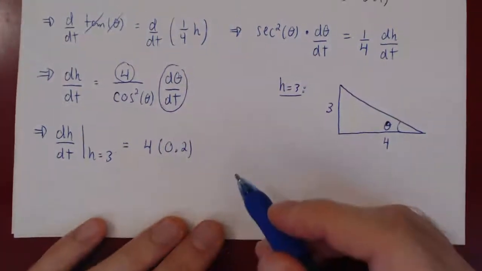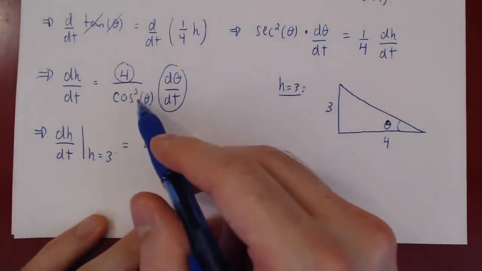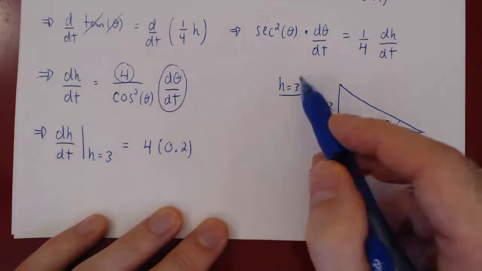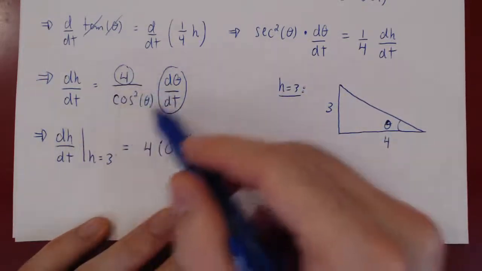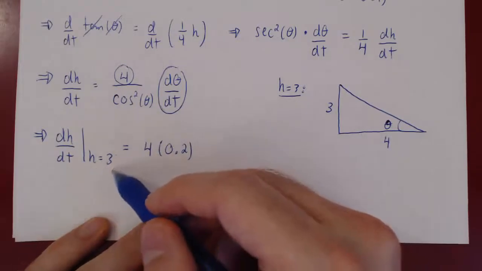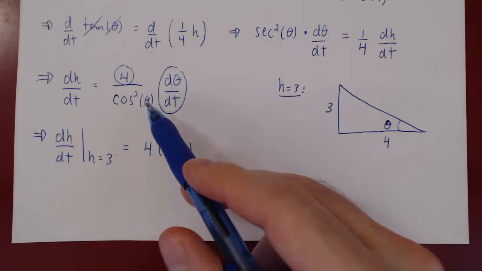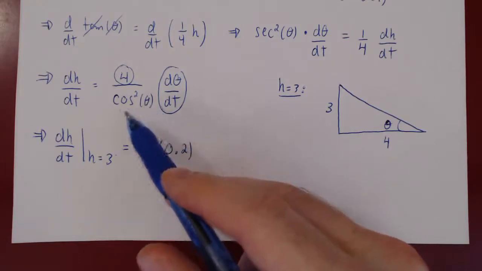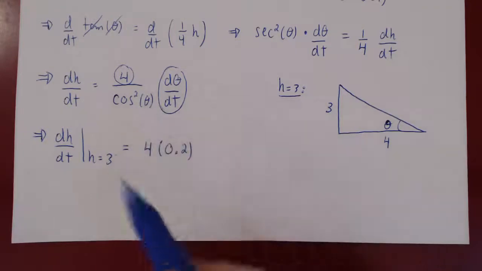And now all we're missing is the value of cosine of theta, then we'll square it, when h is 3. Because once again, we have to evaluate the expression when h equals 3. Well, think of it. If you knew the angle, you would then find cos of the angle, but we don't need the angle. We just have to find the cosine of the angle.